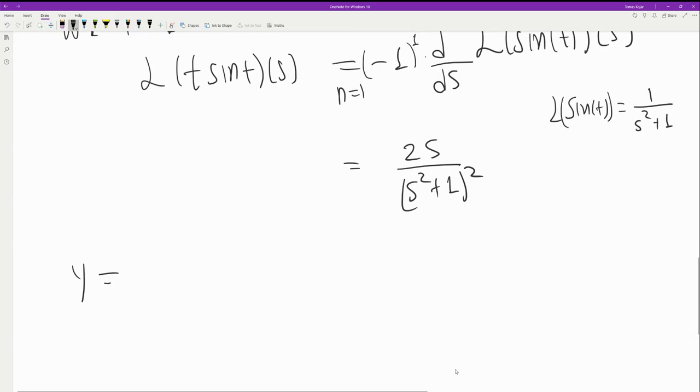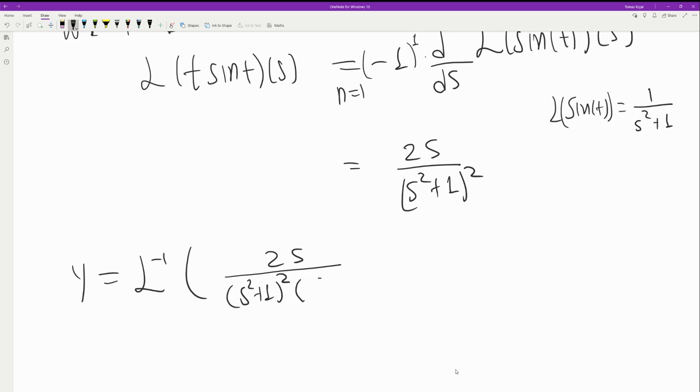So Y is equal to the following: 2s over (s squared plus 1) squared, and then times 1 over (s plus 1).